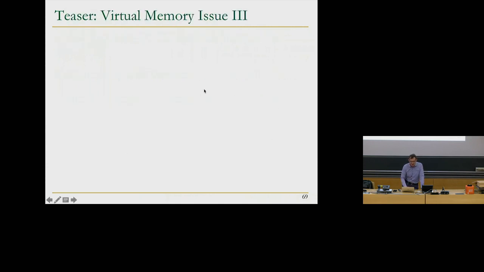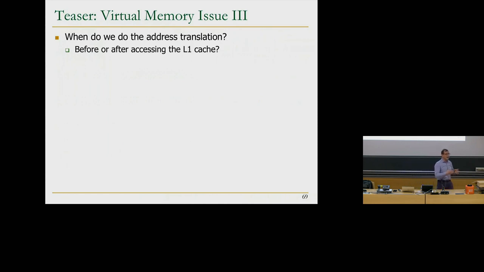But let me give you a teaser for the third issue. Basically, the third issue is, when do you do the address translation? This is an important question, and I think it needs to be re-examined completely in today's systems, for the reasons that I'm going to talk about in the last slide. So one question is, do you do it before you access the L1 cache, or after you access the L1 cache? You may think this is a simple question, but it actually causes a lot of headache in the system.